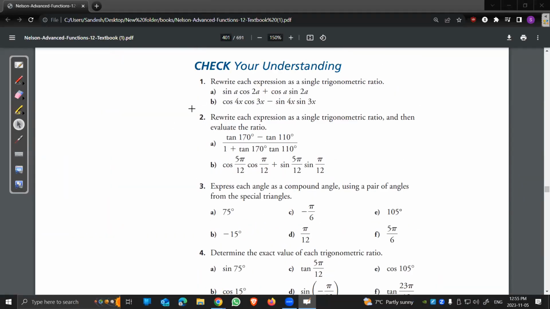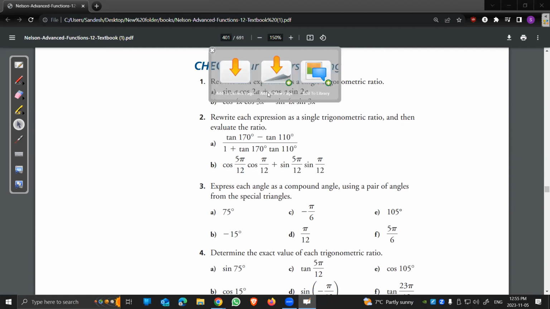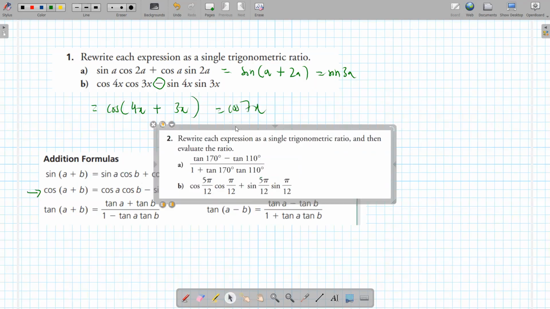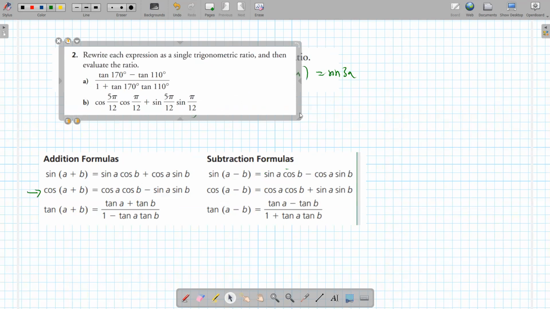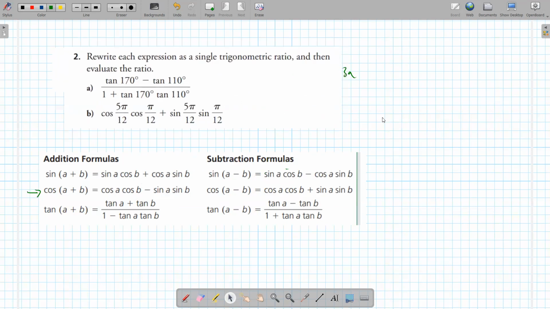The next question is exactly the same. You just work backwards. So for 2a, what does it become? Tan 170 minus 110 or tan of 170 plus 110?